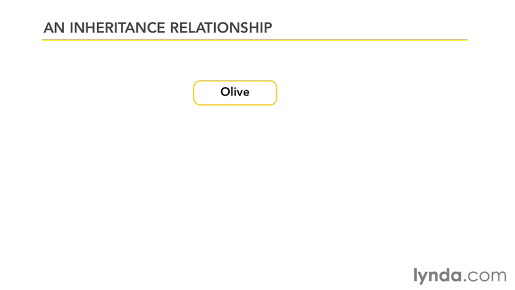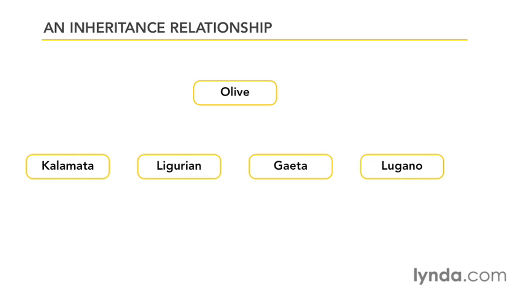Let's visualize an inheritance relationship. Let's imagine a class named Olive. Well, there are many kinds of olives in the world, and so you might declare a superclass named Olive that has functionality that's common to all olives, but then you might create multiple subclasses, each representing one particular kind of olive. This is how we would diagram the relationship, with an arrow pointing to the superclass.